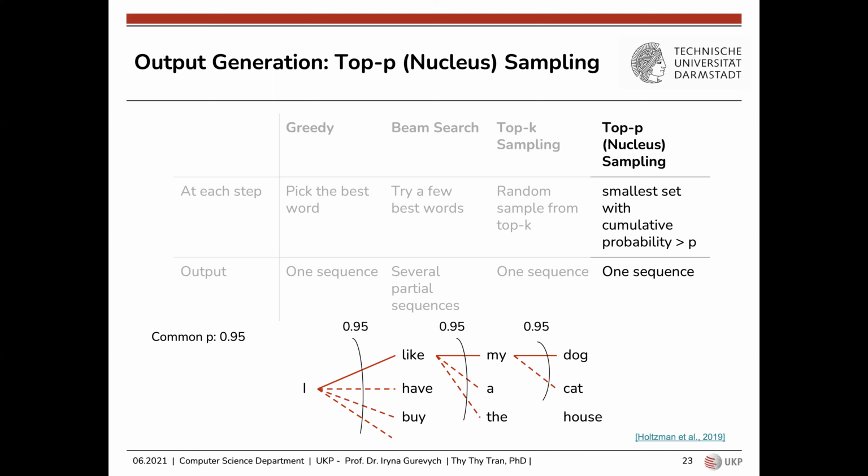For example, here the threshold is 0.95. At the first step, top-P sampling picks the minimum set of words that together reach 0.95 of the probability. So this includes four words in total. In the second step, the top 3 words together exceed 0.95 probability.